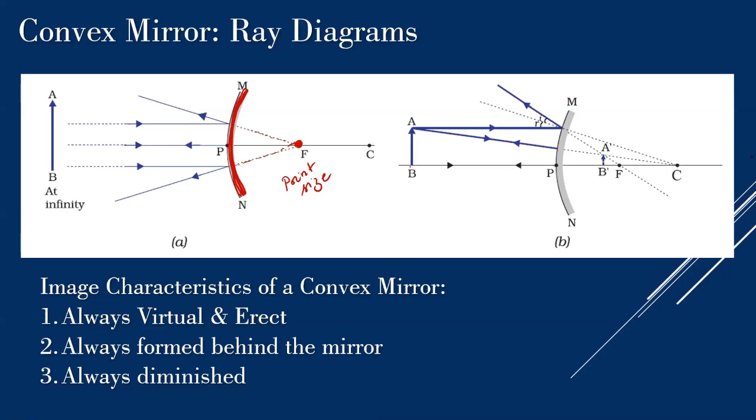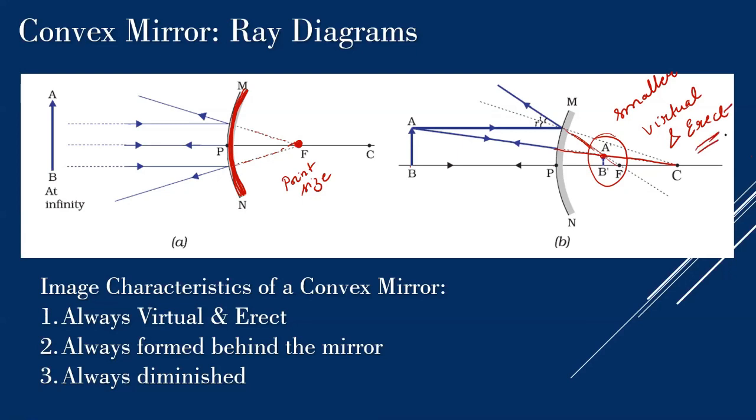These two rays meet at this point, and if you observe the image formed over here, the image is always smaller than the object, and it is always virtual and erect.